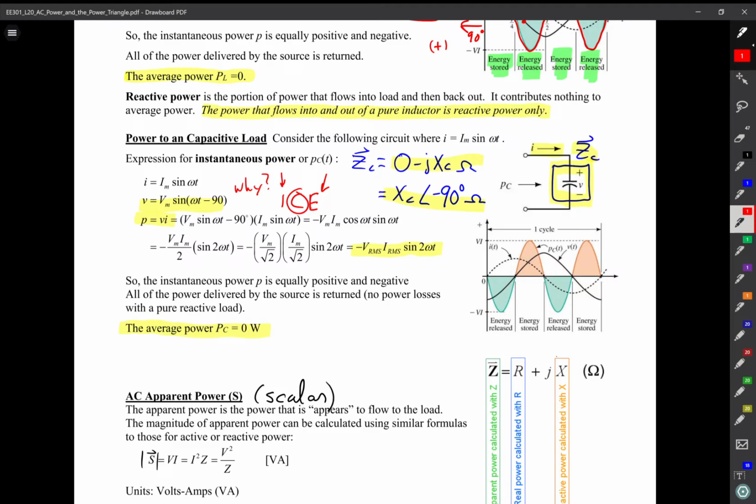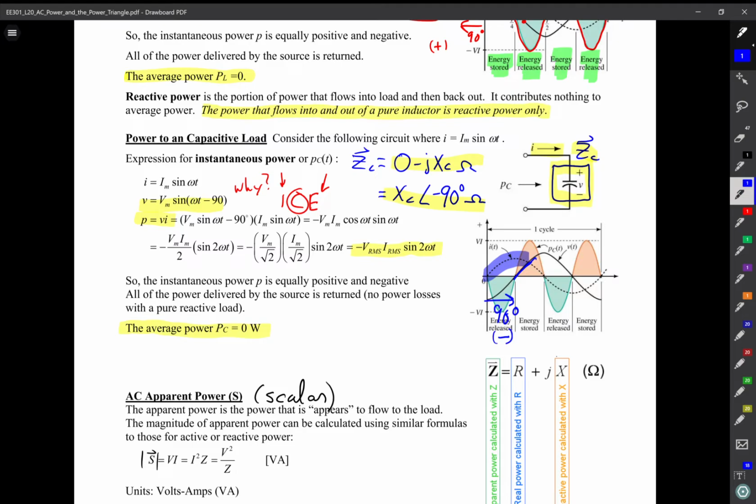So in that case, the current leads the voltage. Another way of saying that is the voltage lags the current. So here's my current, and my voltage shown here is going to be lagging by 90 degrees, and that's a minus 90.